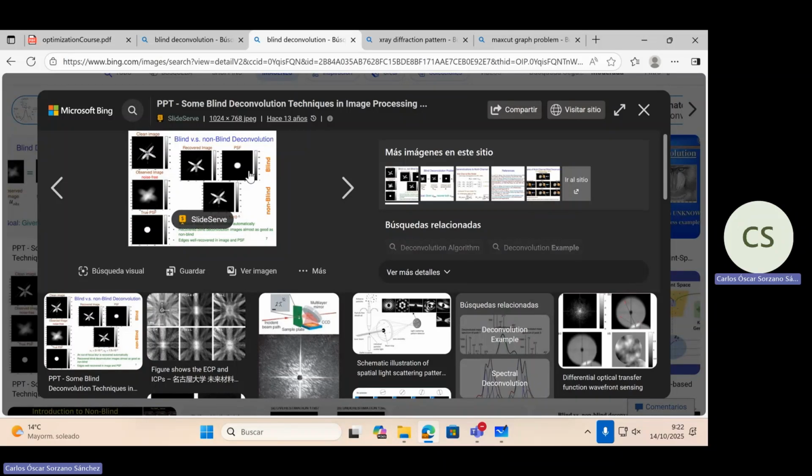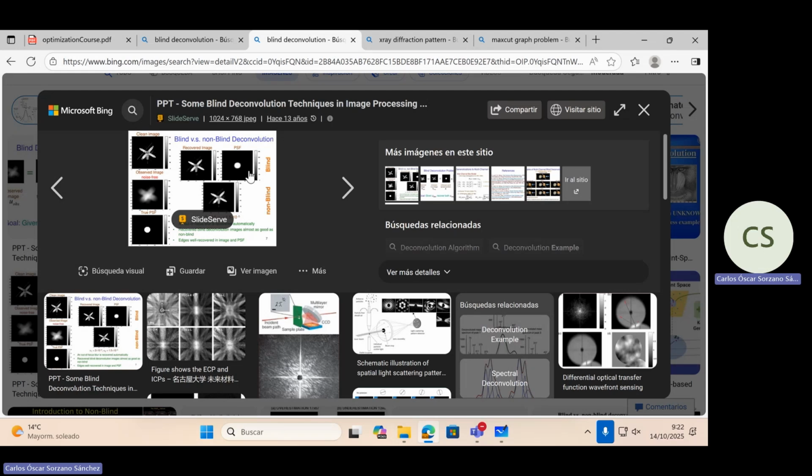So this one, you have an ideal image, but this is what you observe. And then this is the true PSF, but you don't know it. And then the problem is to try to estimate the original image and the point spread function of the system.